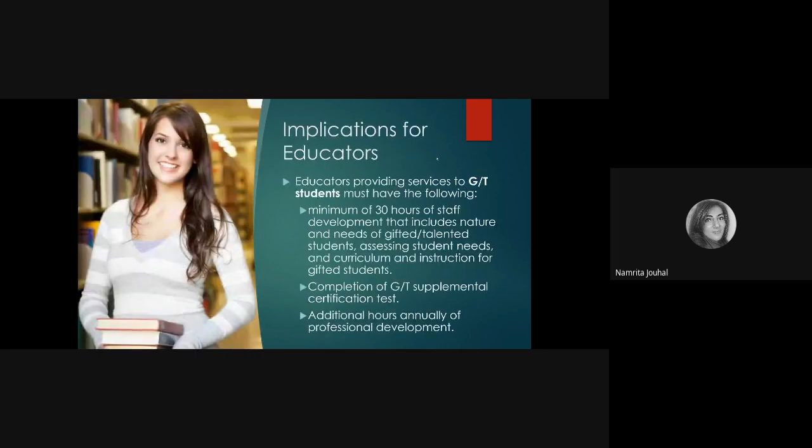Generally, educators who have gifted or talented students in the class should have a minimum of 30 hours of staff development, where they assess what the students' needs are, where they fit in the curriculum, and what instruction gifted students should be given, and they should have a supplemental certification.